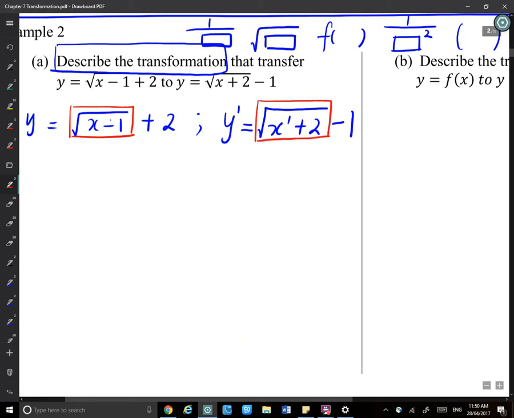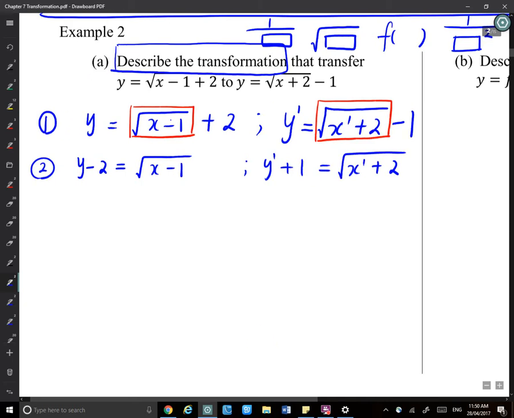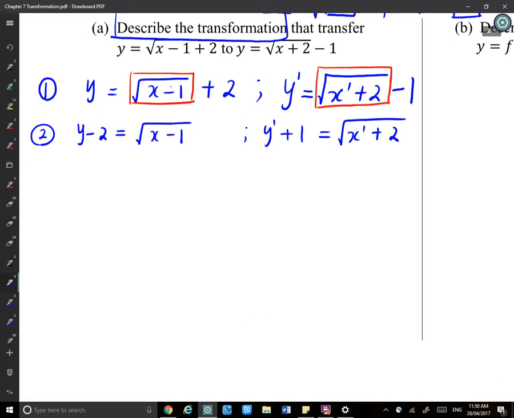Anything else needs to go to the left. So that will become y minus 2 equals square root x minus 1, and you have y dash plus 1 equals square root x dash plus 2. That's step number 2: leave the model on the right and all the constants and coefficients to the left.